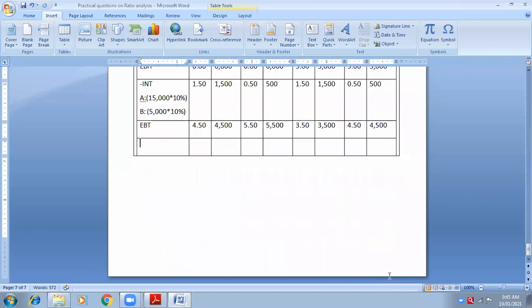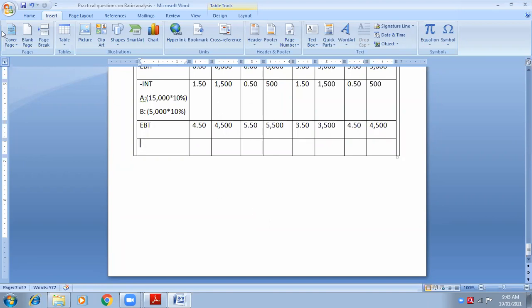Okay. So let me come to the next row. After EBT, we have less tax. Do we have tax here? No, ma'am, we don't have. So right away you can calculate the formulas. Now always remember, if you have more than one product or more than one situation, it is feasible to calculate the formulas in the table only.